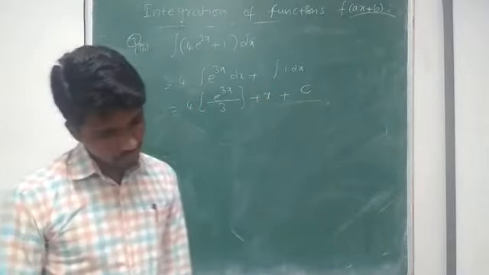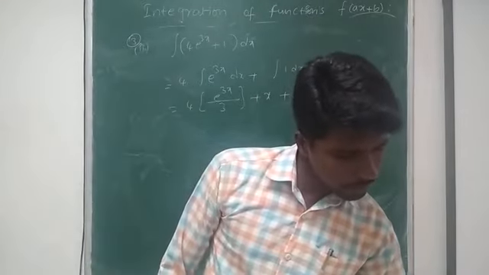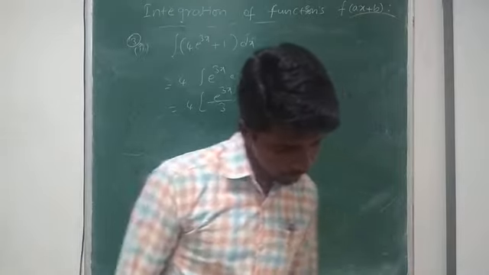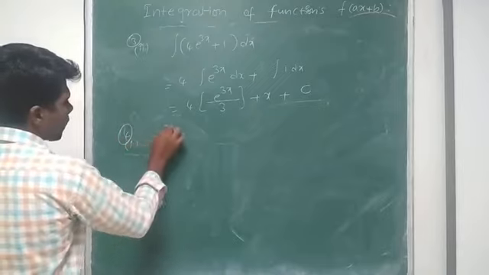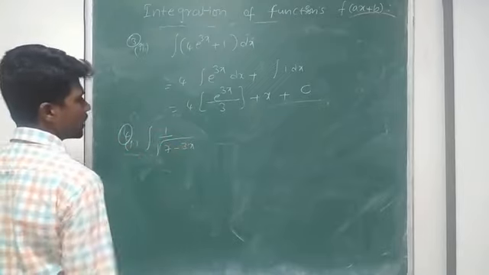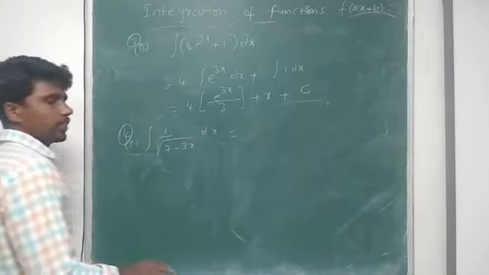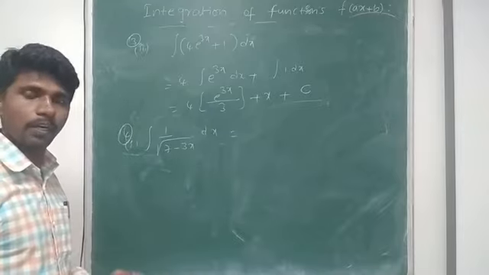Next, 1 by root of 7 minus 3x integral. So I can convert it in the form ax plus b to the power n.